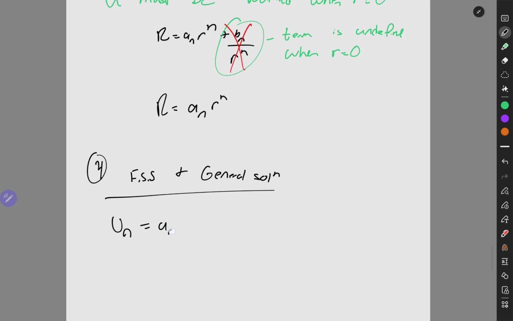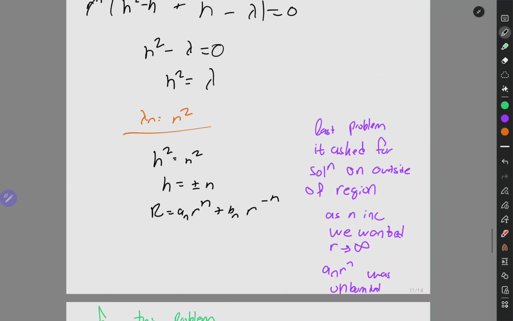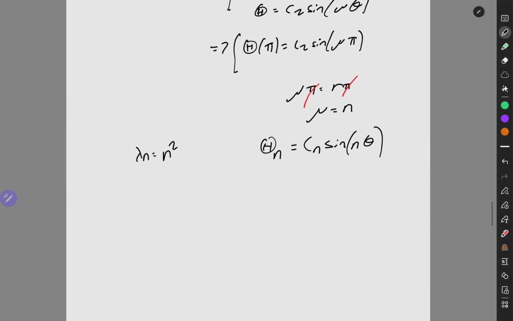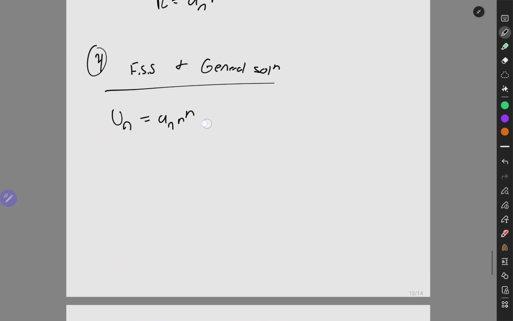So it's a sub n, r to the n, times c sub n, sine of n pi. And then this a sub n, I'm going to call it a new constant, c sub n. This is a new constant, different from the earlier c sub n and a sub n, even though it looks the same.